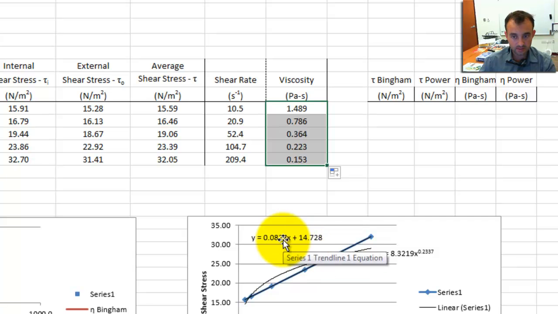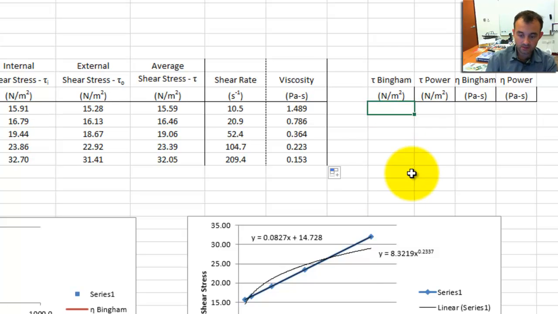Now I'm going to use the regression results from the Excel graph to repeat here the calculation using as input, in this case, the shear rate. So the shear stress following the Bingham model is the shear rate times 0.027 plus 14.